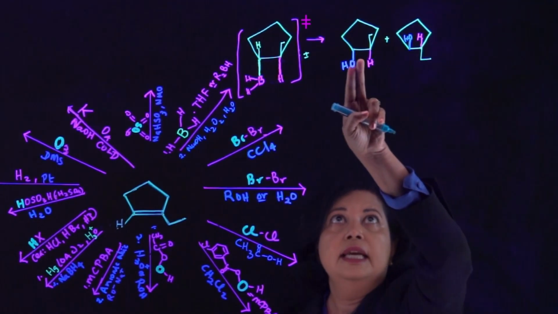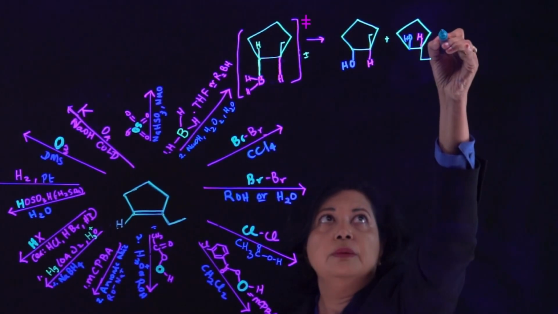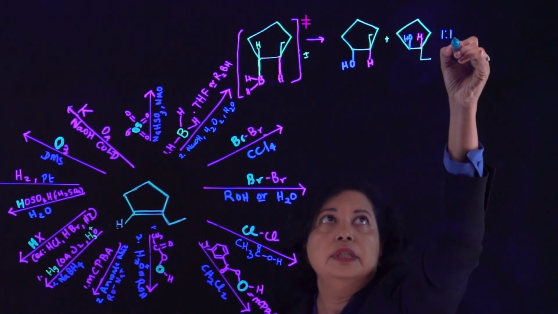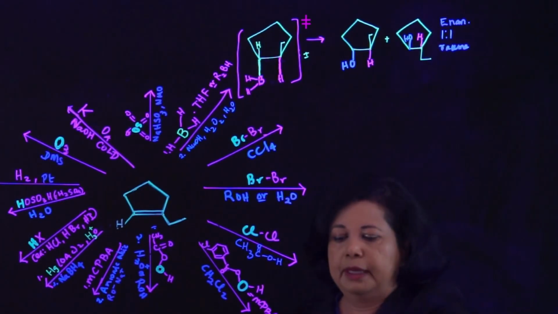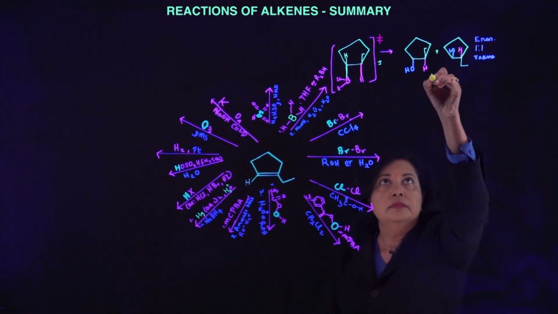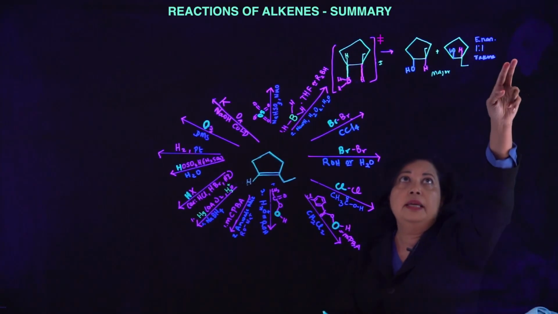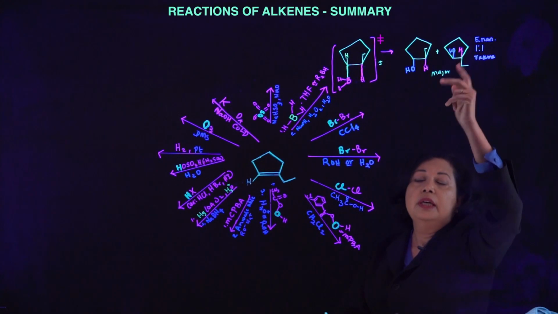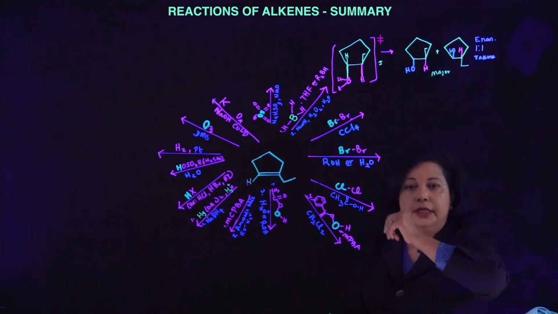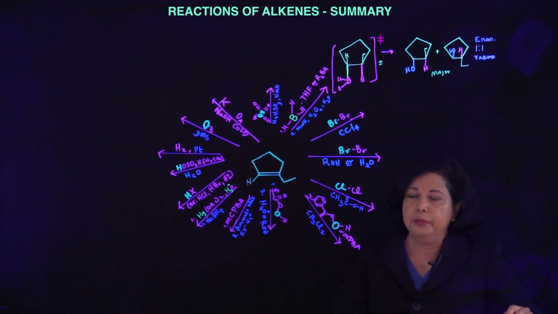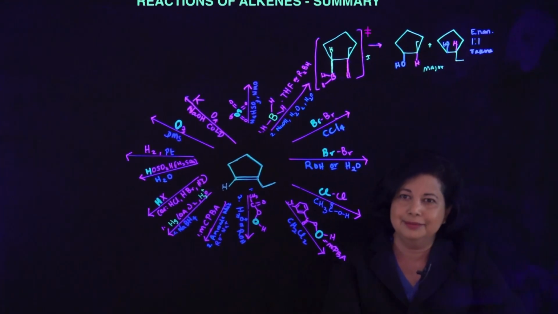In this case, they are both enantiomers, a 1-to-1 racemate. This is your major. And your minor product can be the hydrogen and the hydroxyl switched. So that would be your minor product, and you may have others.